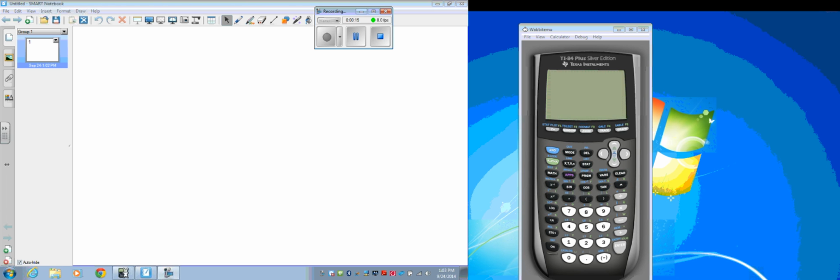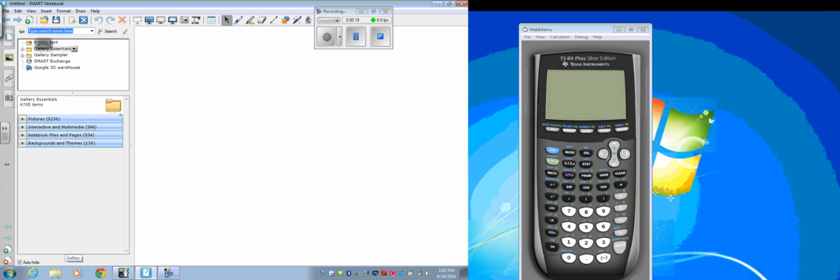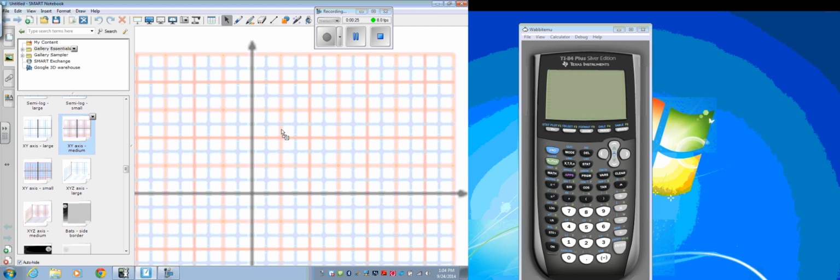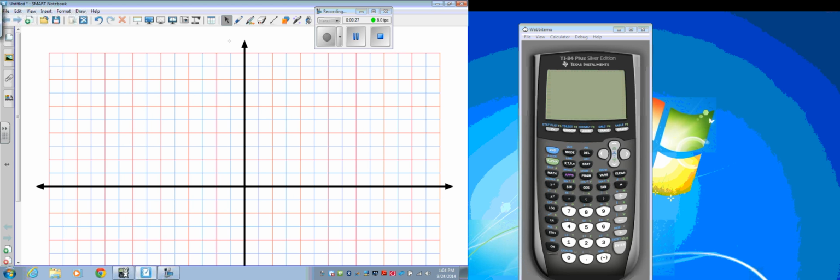Now, if you remember, we previously said that our angle's initial side was where? The positive x-axis, right? Out here.